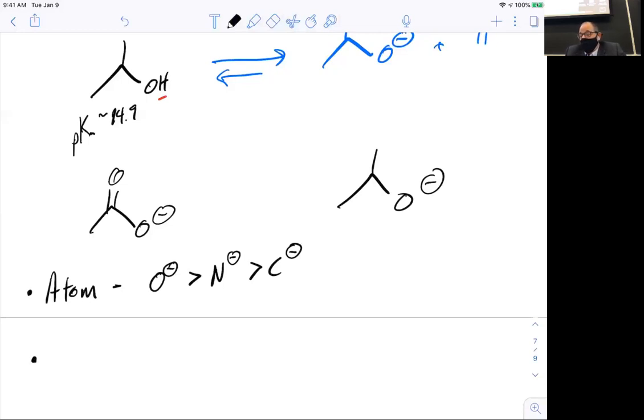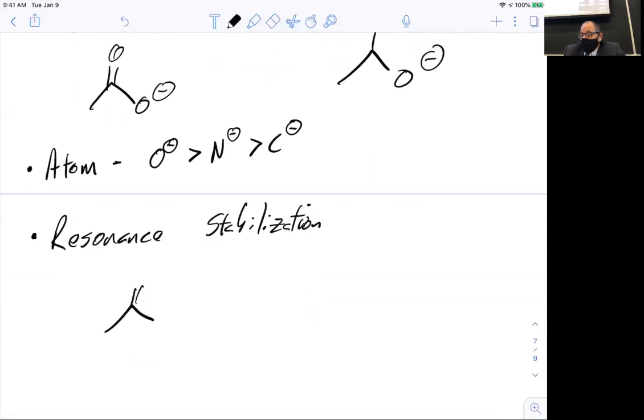So the next thing we want to look at is resonance stabilization. If we look at the first one, can I draw a resonance contributor for this one? Yes, right? So I can say that this lone pair goes up here, that goes up there, and I get that species.